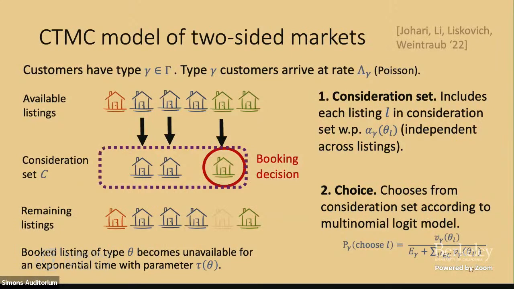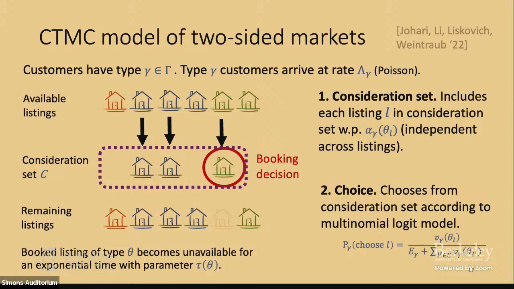And the rate at which it replenishes is governed by this tau of theta parameter, which is also a function of the listing type. And so this is a model of how the marketplace dynamics will move. This is actually a Markov chain model where the state of your system is the number of available listings at any given time. And so these arrival rates and replenishment rates will govern how the state transitions of your system.